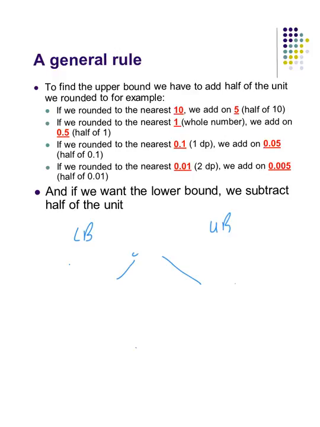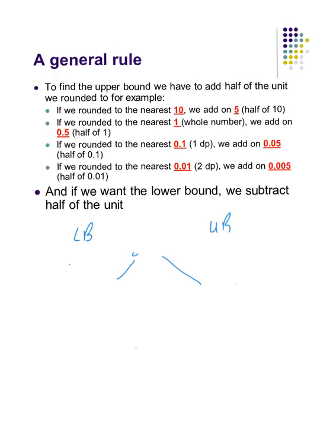So we're always going half a unit below and half a unit above, and that half a unit of what we've rounded to. So rounding to the nearest 10, we added and subtracted 5. If we rounded to the nearest 100, we would add and subtract 50, and so on.